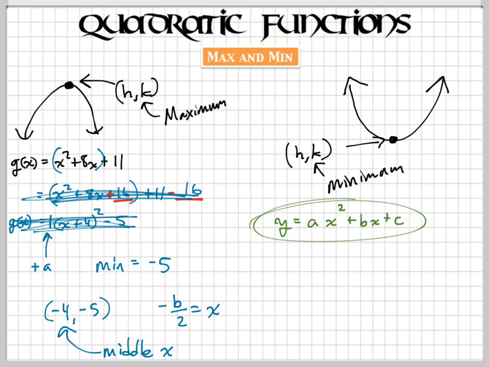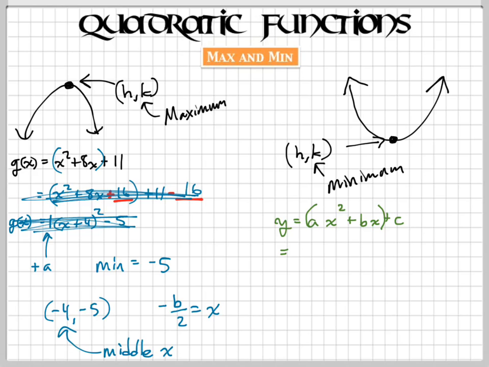So this represents every quadratic function out there, right? It's just that there are variables in here for the numbers. So how would I find the middle x? Well, let's make this into vertex form to see what it looks like. And this is where it gets a little hairy.